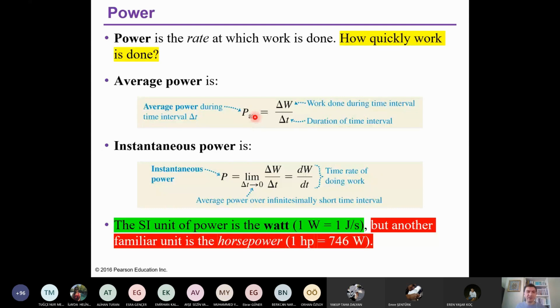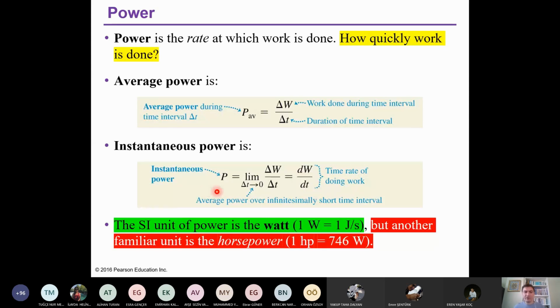And here we have instantaneous power. Instantaneous power is given with the limit as delta t goes to 0, for a very short moment. So you can also write this as the time derivative of the work. This is the time rate of doing work. And we have average power and instantaneous power.